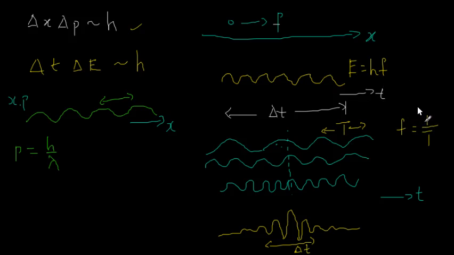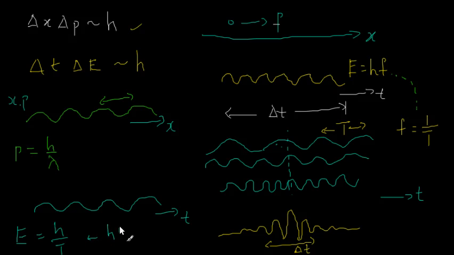Now if you substitute this into here, you will find that for this case, when we are talking about, say, the photon, and we are talking in the time axis, we have E is equal to hf, but f is 1 over t, right?